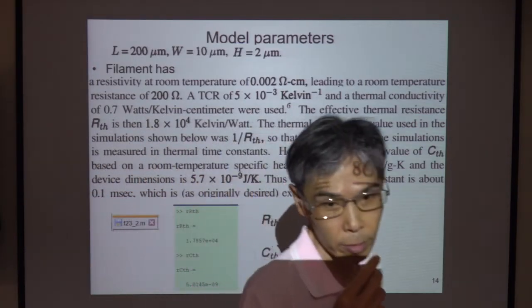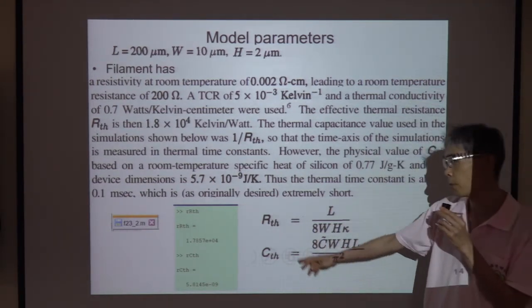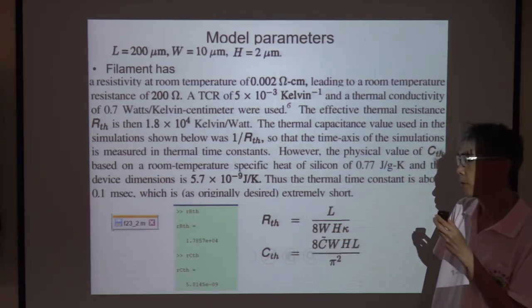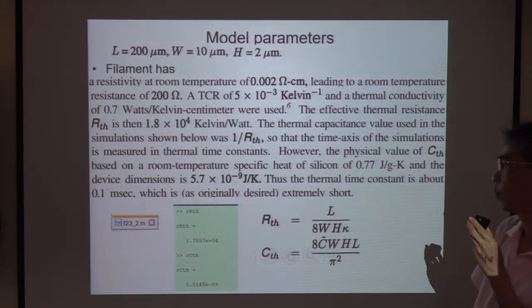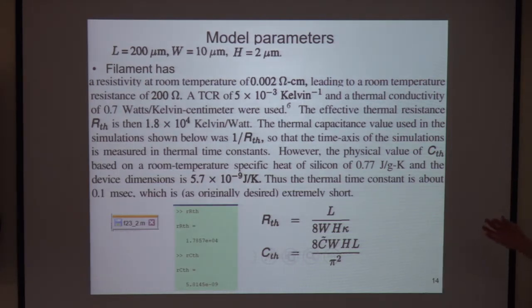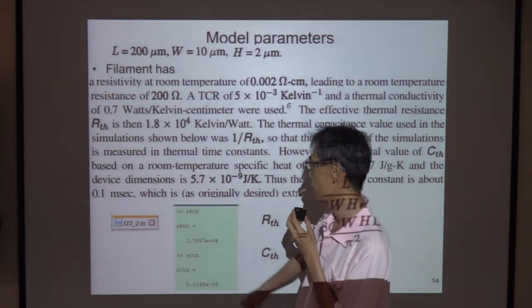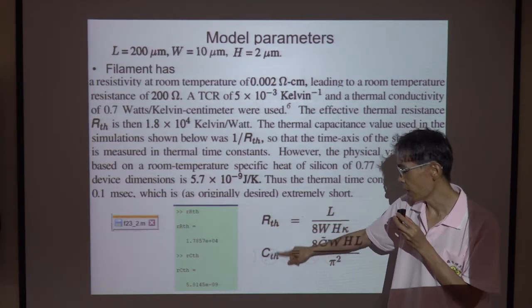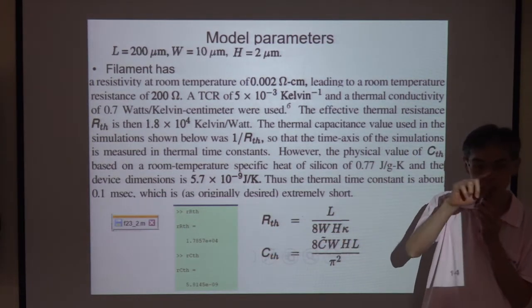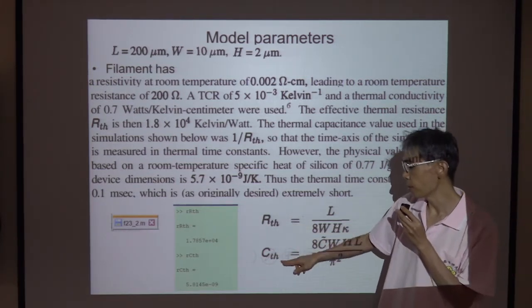Okay, let's get back to our lecture. So you have calculated thermal resistance and thermal capacitance. Now we are ready to run the simulation. Now the thermal time constant: you multiply these two values together, RTH times CTH, so the time constant equals RC for this thermal system.